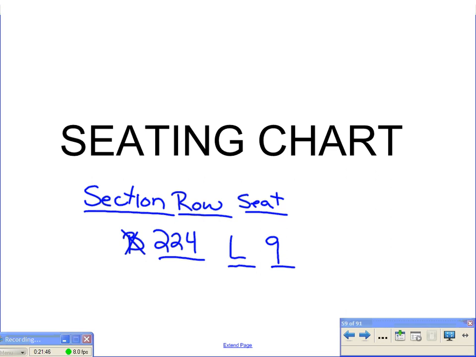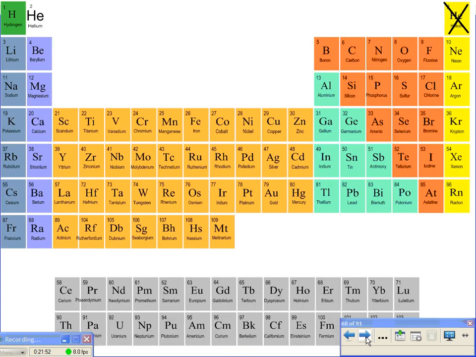The quantum number is exactly like that, except for electrons. And our periodic table is very kind to be set up and organized so that we can follow these.